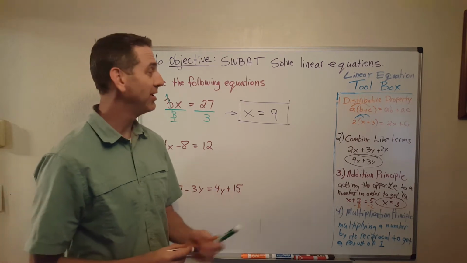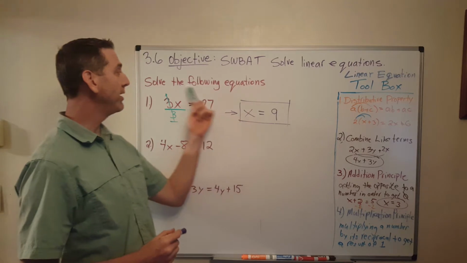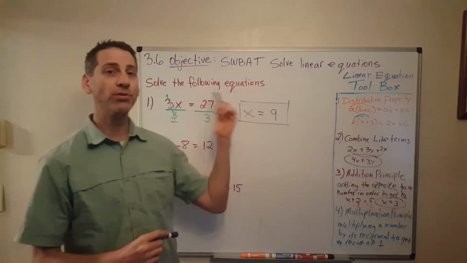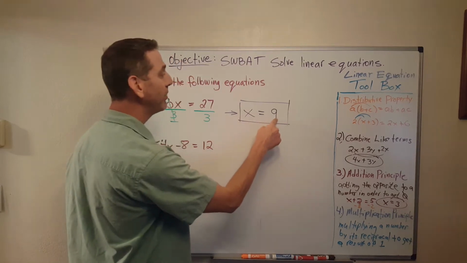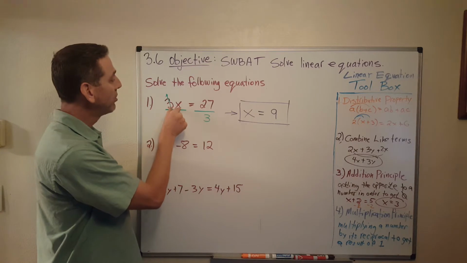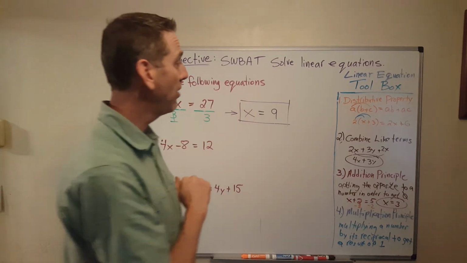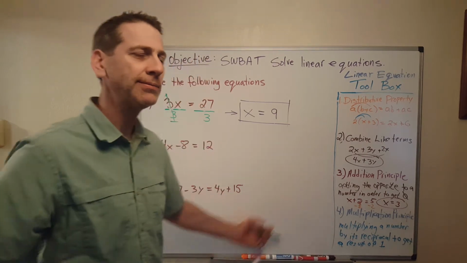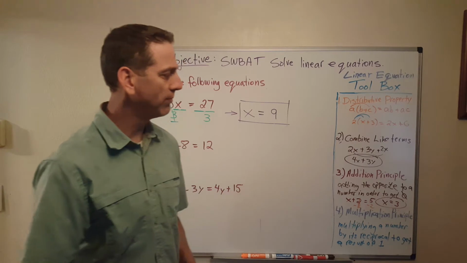That's my solution. It's the value of my variable that makes this equation true. And I can check that solution. If x equals 9, I should be able to substitute 9 in for x. 3 times 9 is indeed 27. All right, so it checks out. All right, that was a simple one. All right? Let's go something a little bit more difficult.